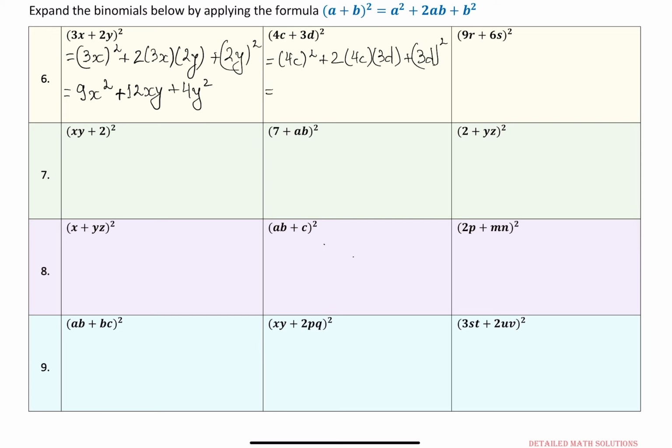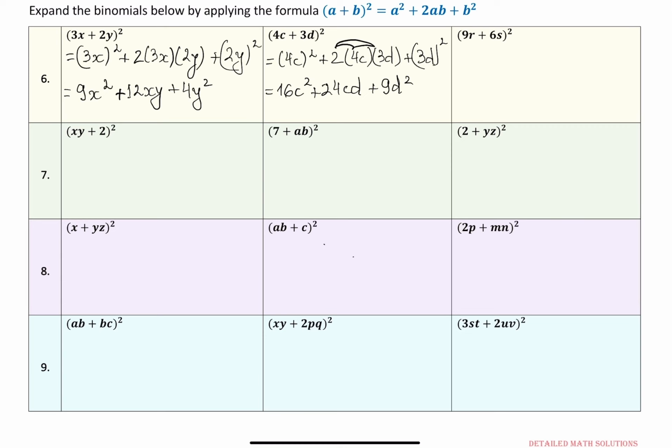This equals 4 squared c squared, or 16c squared, plus 2 times 4 times 3, which is 8 times 3, or 24cd, plus 3 squared d squared, or 9d squared.